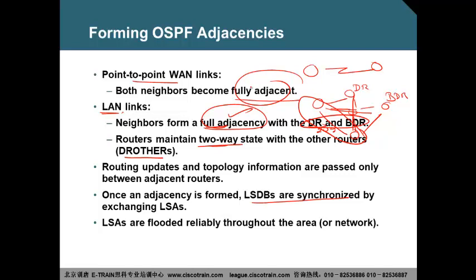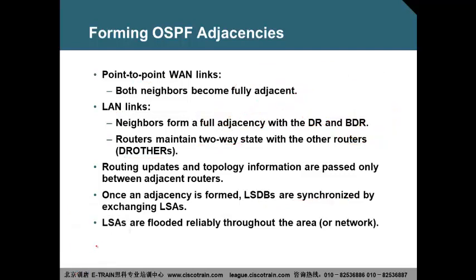He will get angry. But you cannot say that to other friends, because we don't know how they will behave. So full adjacency means sharing all the database and fully synchronizing. In two-way, they don't share the database.